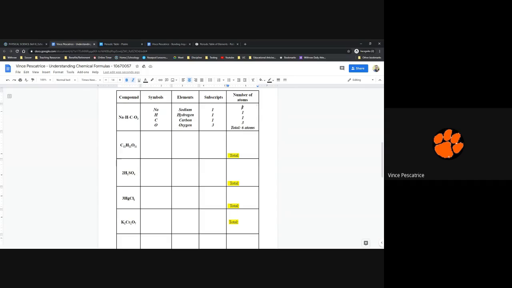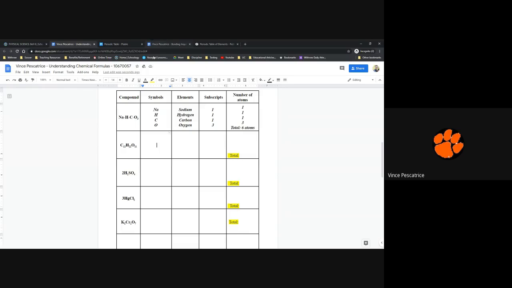Then you add them up. 1 plus 1 plus 1 plus 3 equals 6. And that's all you do. So I'll walk through this one and one more to give you an idea of how this all works.